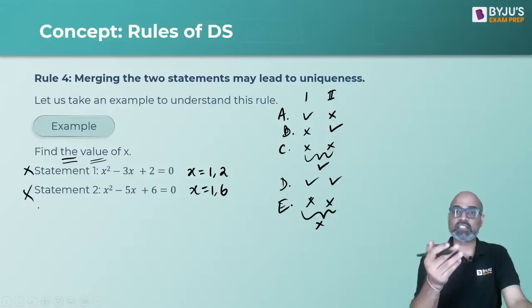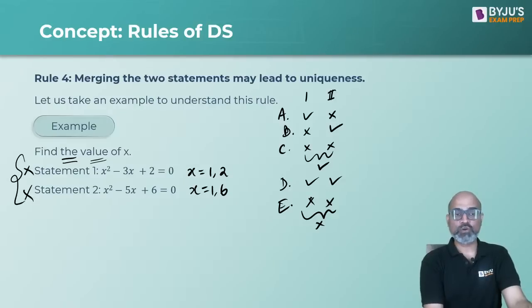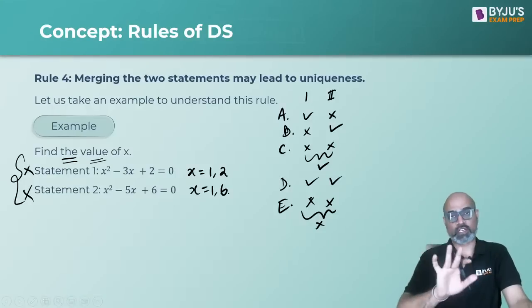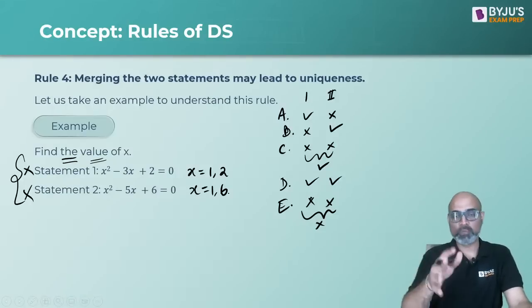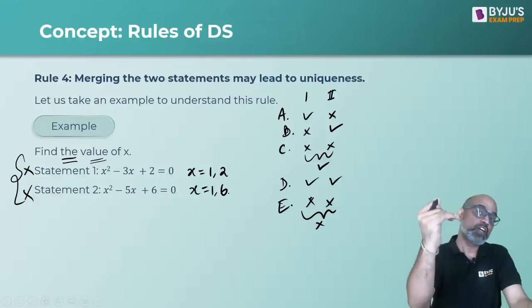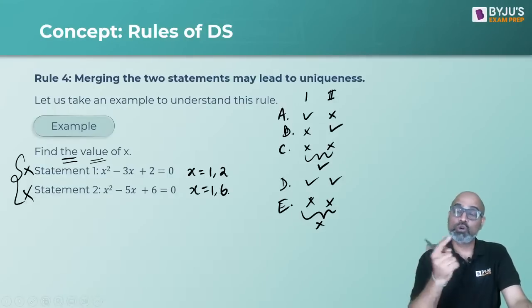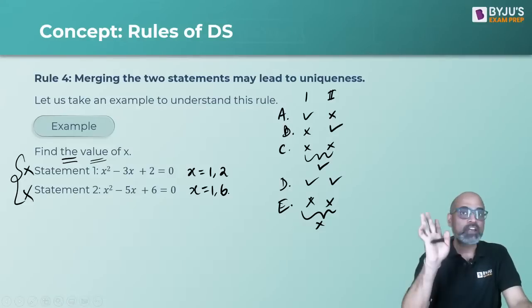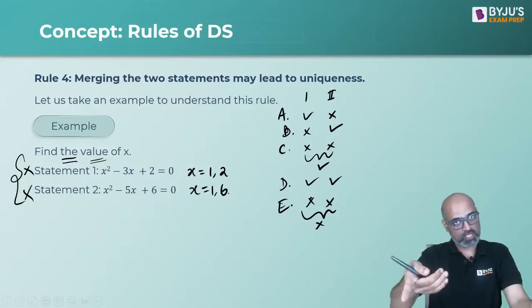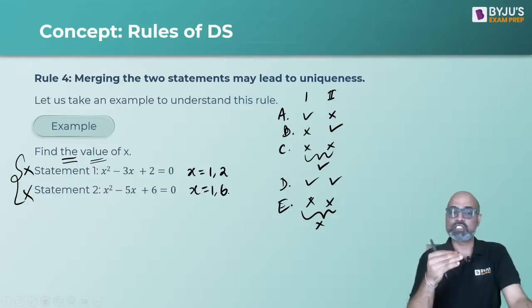When you don't get the answers from individual statements, only then do you go ahead and combine. You look together. If you combine, how many values of x, okay, value or values, how many values of x are satisfying both equations? There is only one value, which is 1, coincidentally the same value 1, which is satisfying both.